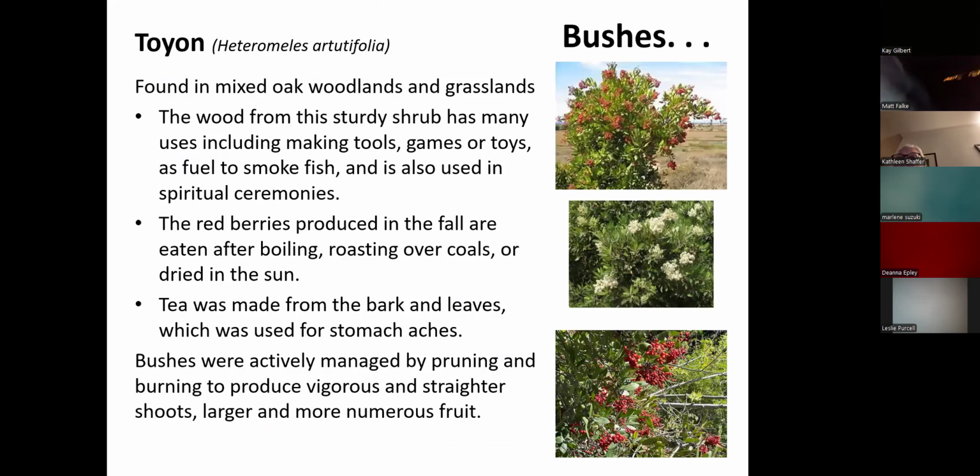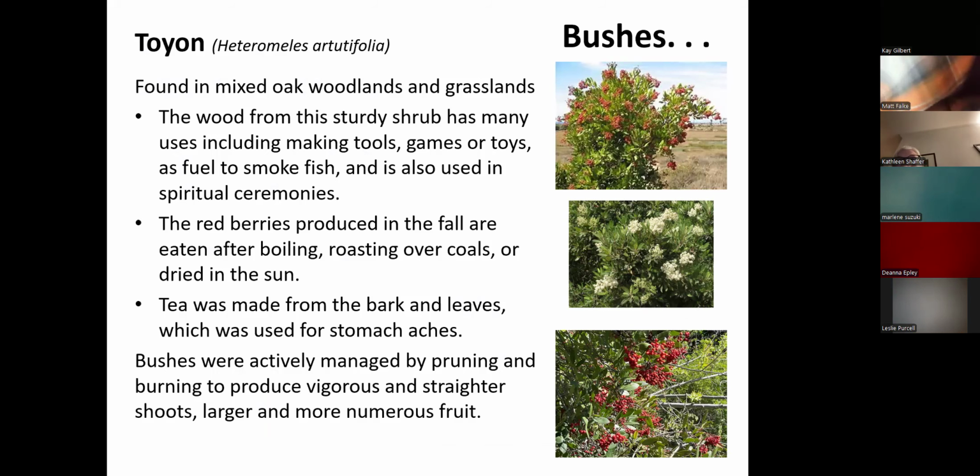Toyon is a favorite plant of mine. It has beautiful red berries in the fall, which can be enjoyed by birds as well as by people. The wood has many uses, including making tools, steam, or toys. It was a fuel that was used to smoke fish and also used in spiritual ceremonies.